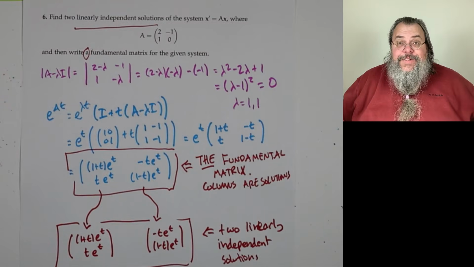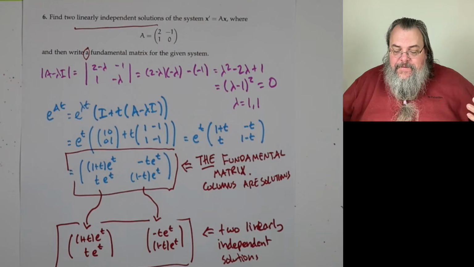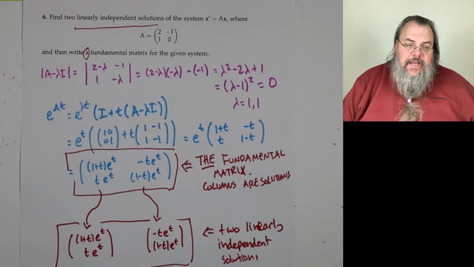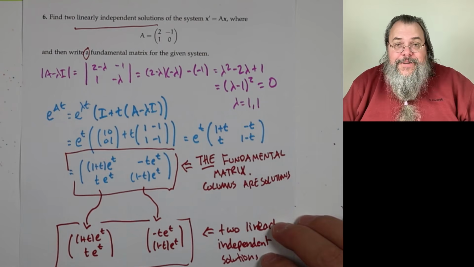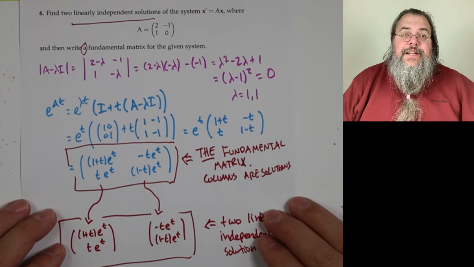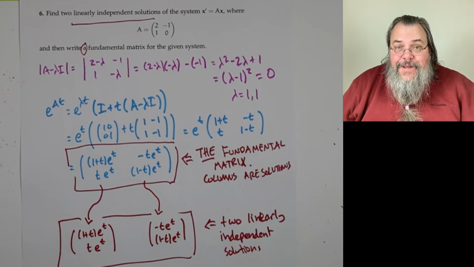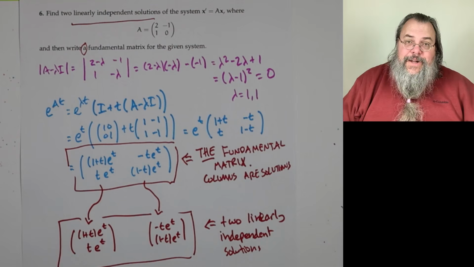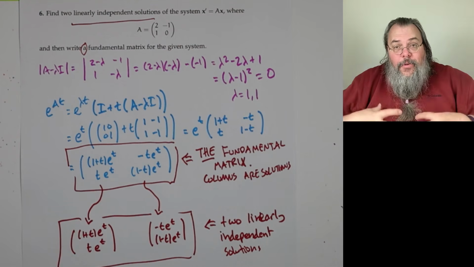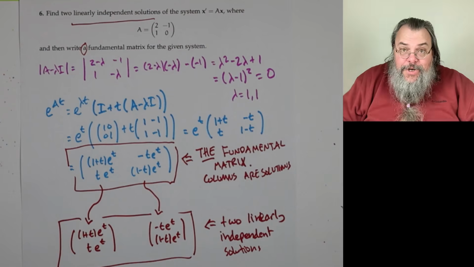So we found e to the At. We had the formula, so it's really quick. Didn't have to work too hard. And then we said, hey, now that we have that, pull down the columns, because we understand that this is fundamental. We know what that means, and we use that to our advantage. So by knowing what things mean, we save ourselves a lot of work.